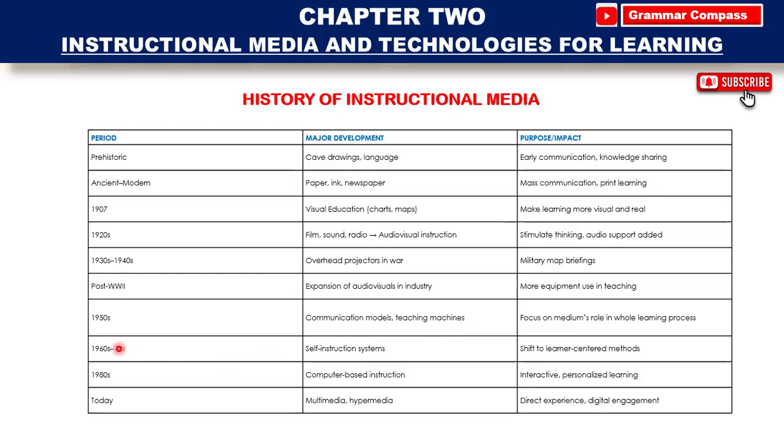And in the 60s to 70s, self-instruction systems were also put in place. So this was a shift to learner-centered methods. In the 1980s, computer-based instruction was also introduced, and today we make use of multimedia and hypermedia, that is the blend of all the media available.